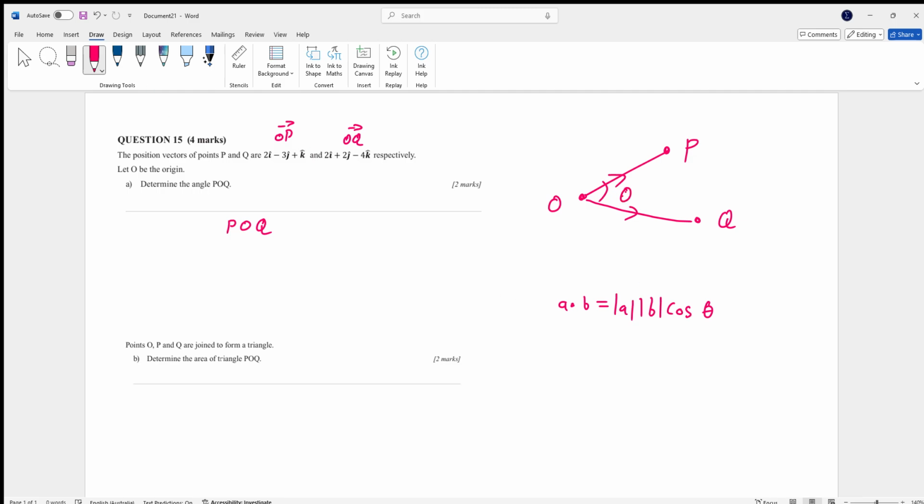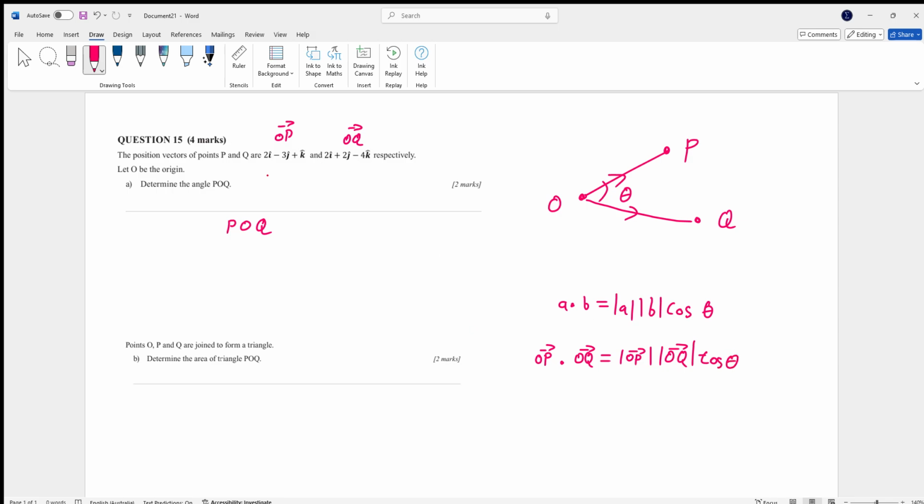A dotted with B becomes O to P dotted with O to Q, which equals the length of O to P times the length of O to Q, times cos theta.